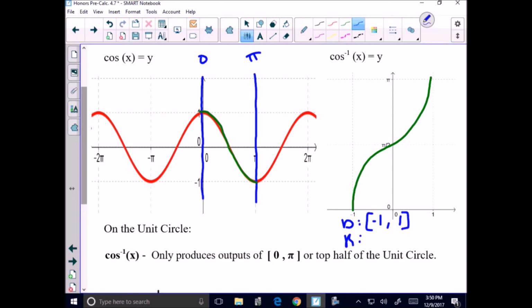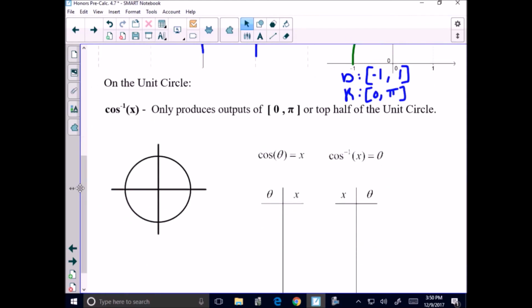And we are going to be looking at assigning rotations from and including 0 to pi, because that is the least amount of positive rotation that we need to generate every single horizontal change from -1 to +1 on the unit circle. So right here, we're looking at just the top half of the unit circle as where we would evaluate inverse cosine. And those are going to be rotations from 0 to pi, right?